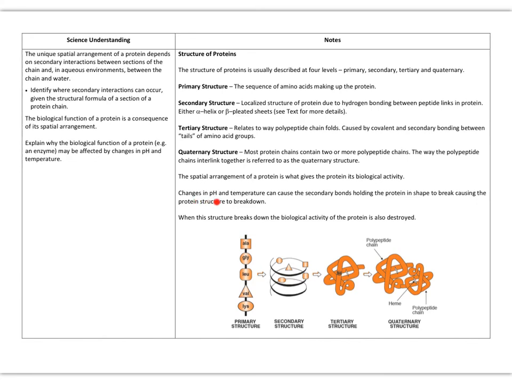So, if we change the pH or temperature, we can actually cause some of those secondary bonds, particularly between the tails in the tertiary structure, to break. When those bonds break, that causes the shape to break. When the structure breaks, it loses its biological activity because the shape has changed, and it is the shape that is crucial to the functioning of a protein.